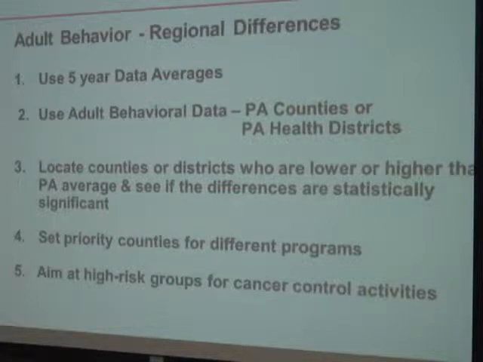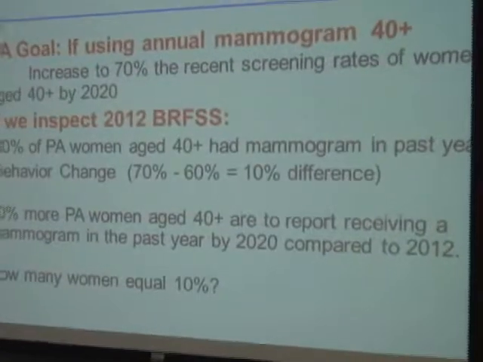And that way it can help you maybe set priority counties for different programs and aim at high-risk groups, because these behavior data are broken down into really great demographic categories that tell you more about the who, so you can calculate the how many do we need to get.